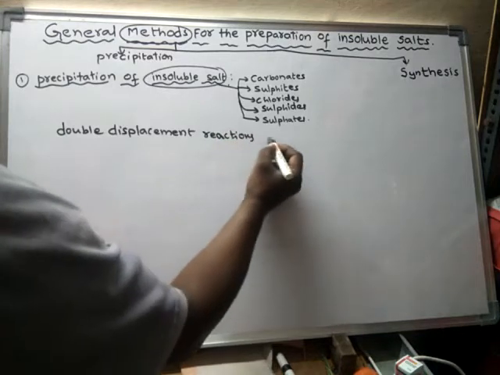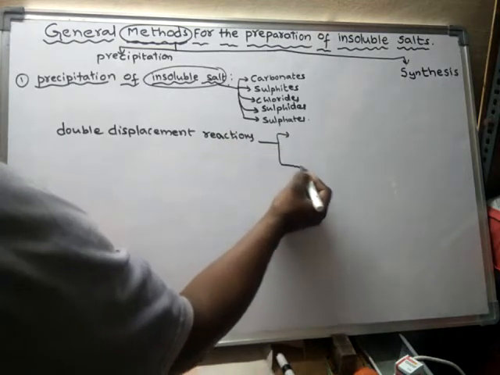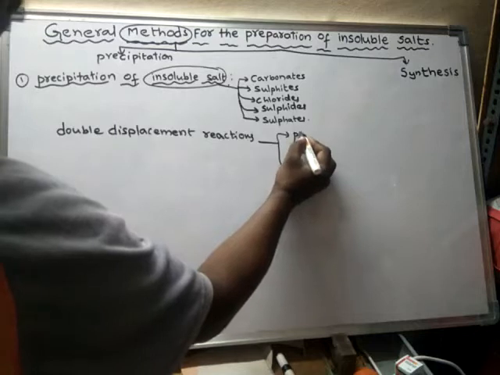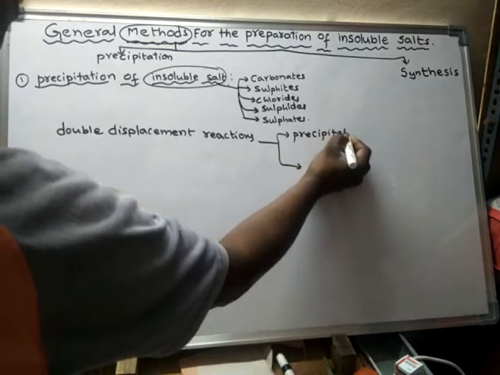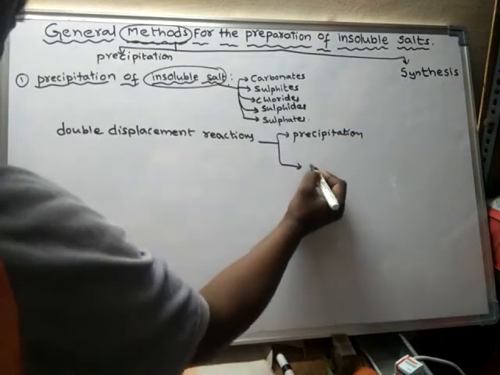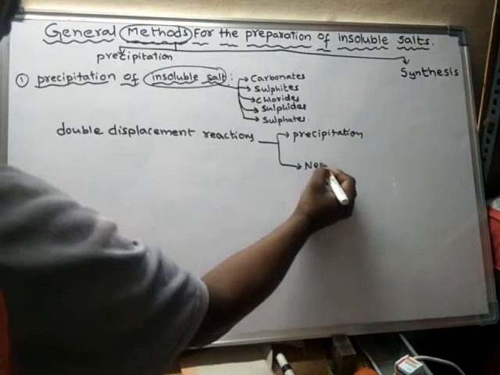Double displacement reactions are of two types. One type of reactions is called precipitation reactions, and another type of reactions is called neutralization reactions.